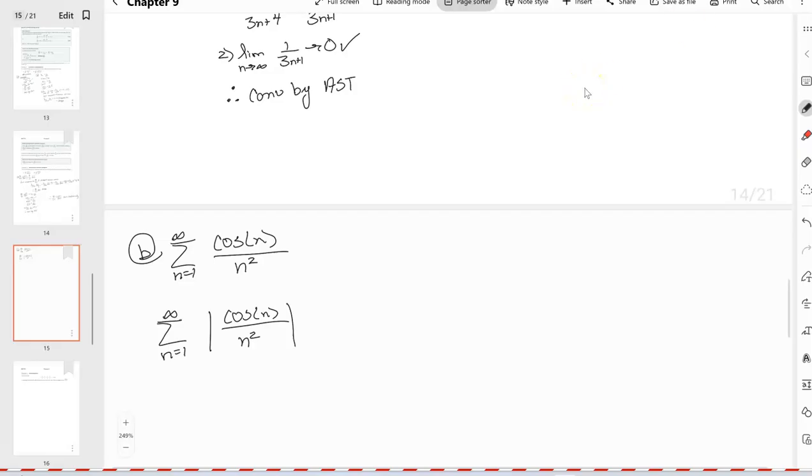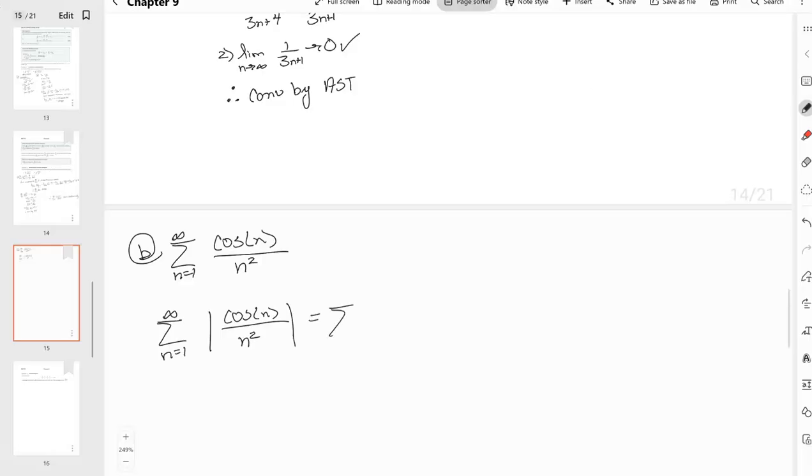So let's look at what happens with the positive. Now, n squared is always going to be positive. So I'm really looking at what happens when that cosine is always positive over n squared. So let's see if we can figure out what we can compare this to.